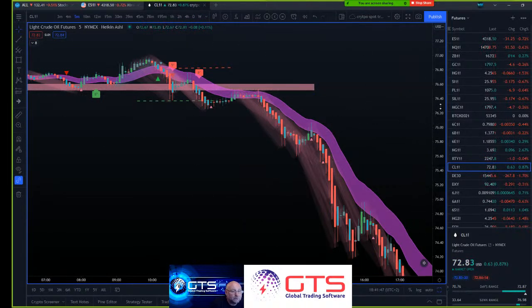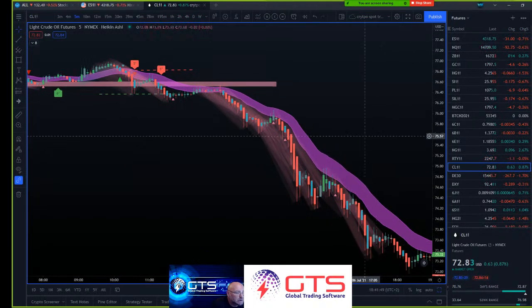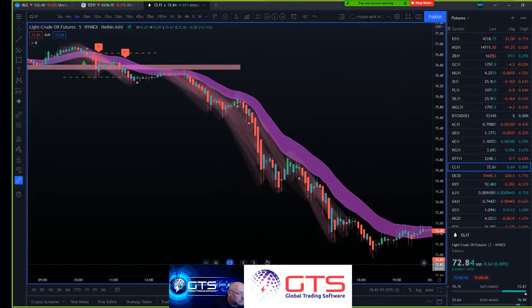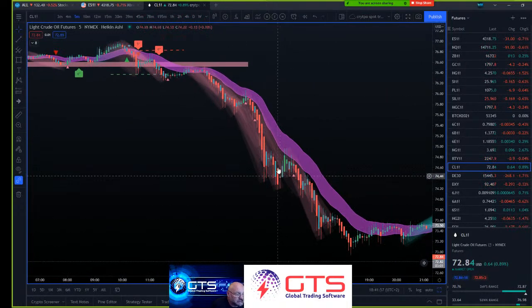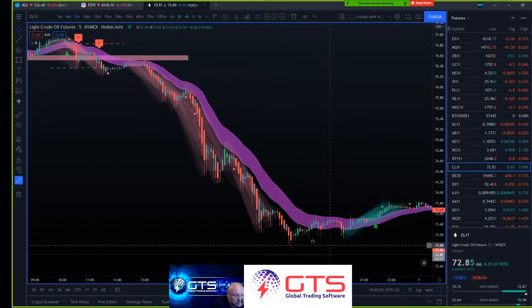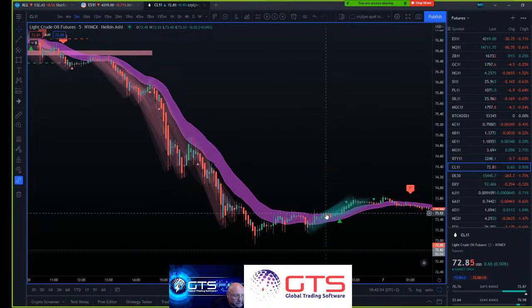So then test the EMA Cloud. Remember, when we are managing this trade, we are looking for a close above the top of the EMA Cloud if we're going short. So this comes down. We're going now into the US session at this point here, coming down, coming down. Now finally we just get a close at this point here above the EMA Cloud.